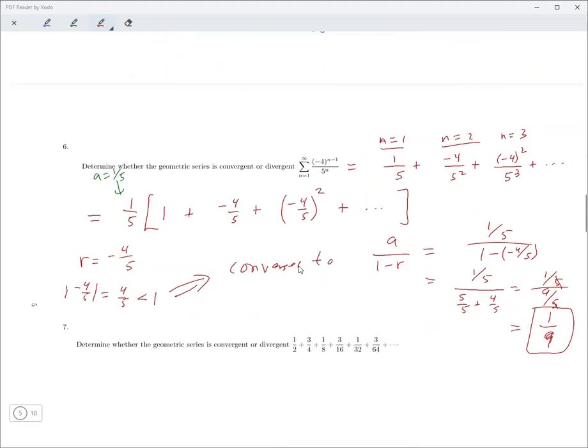Okay, let's look at number 7. Determine whether the geometric series is convergent or divergent. Okay, so here, I don't know why they're calling it a geometric series. Maybe that's a big hint, because I don't think this is a geometric series, but who knows? Maybe it is.